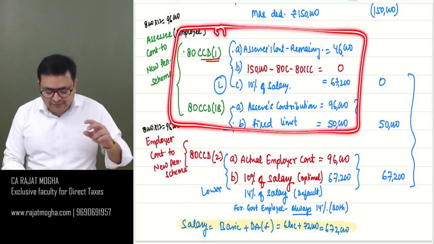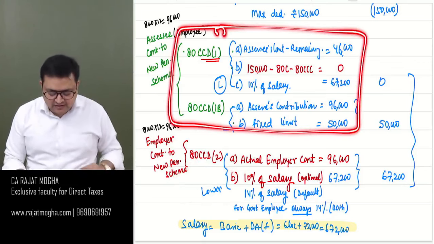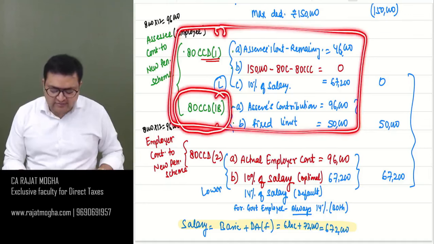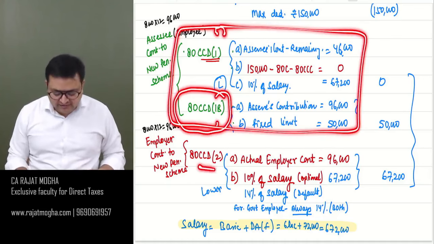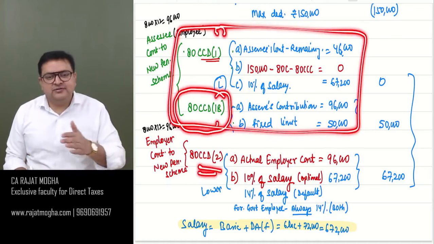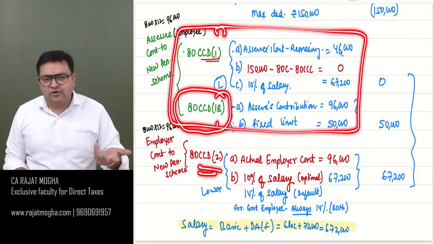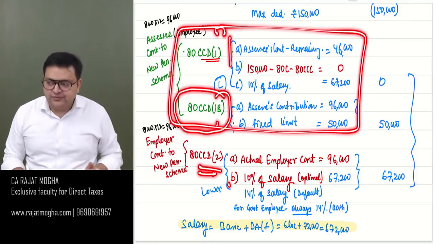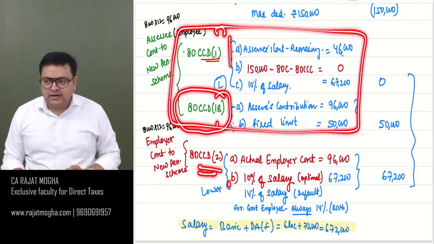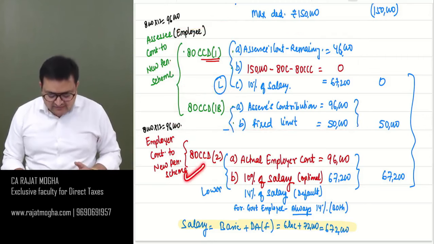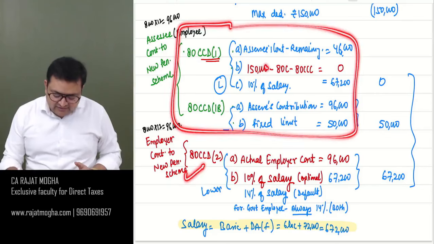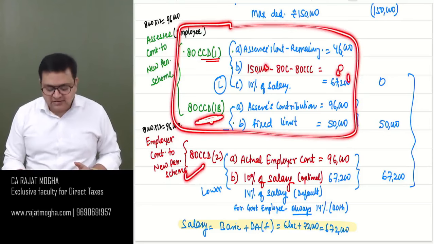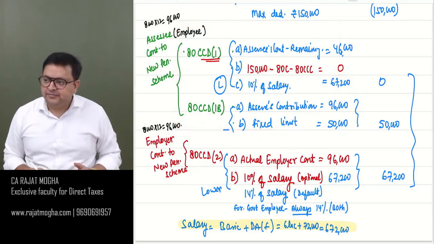But I would prefer, if you are starting with this part, always start with CCD1B first. Because CCD2 is something isolated, it is for employer contribution. You can do it after this also. But when you are starting with this part here, always start with CCD1B first. Then come to CCD1. Got it?